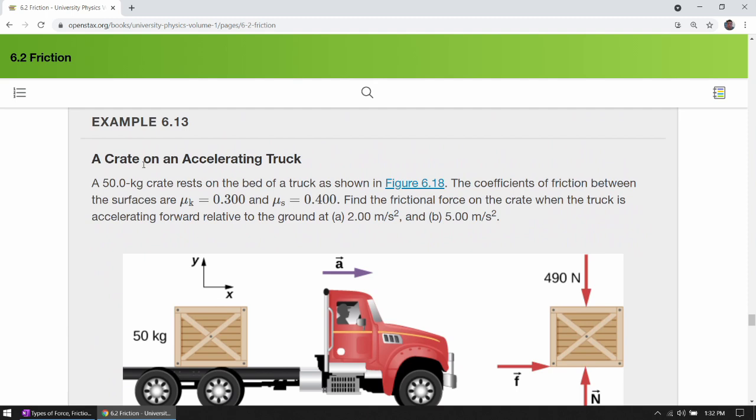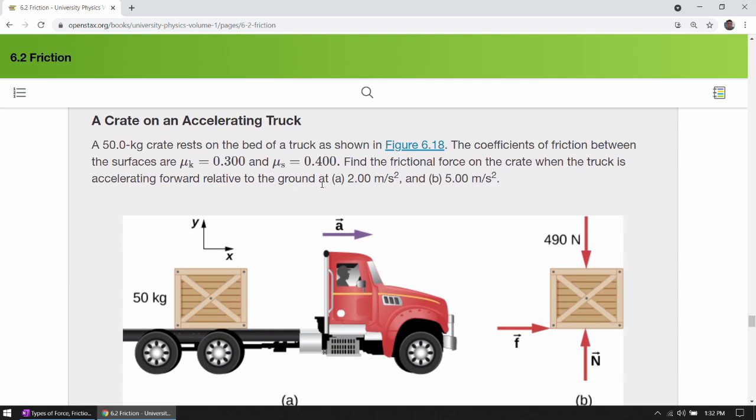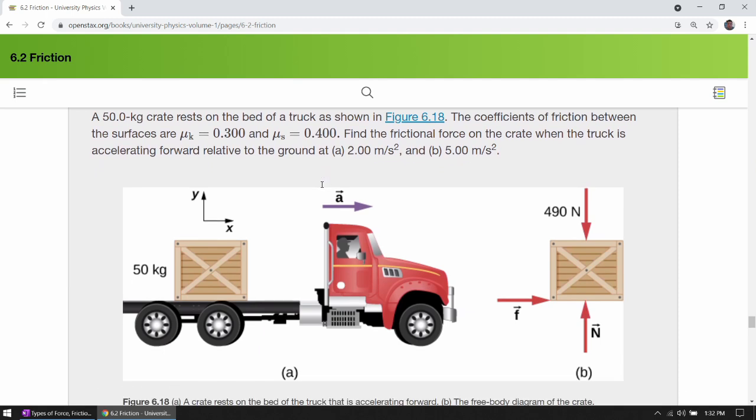So this is a crate on an accelerating truck, and this example is about the crate. But I want you to think, what about the truck? The question is describing the truck as accelerating. That's fine, but I want you to think about what is causing the truck to accelerate.